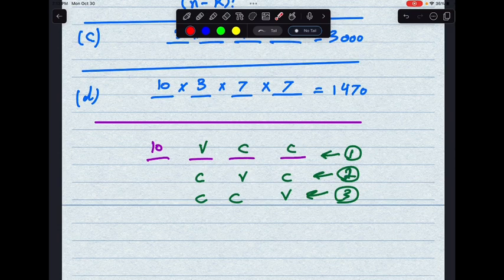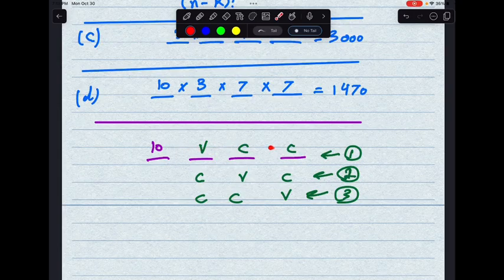So that's why we're using the addition principle here. We count all the words for the first situation, how many words we have in the second situation, and how many words in the third situation, and then we add them up. But in each situation, we multiply 10 by 3, then 7, and then 7.